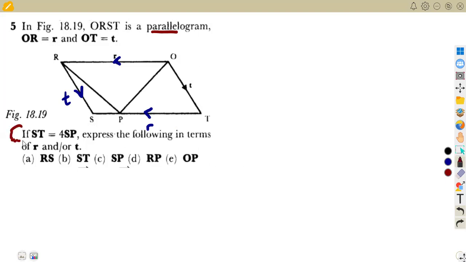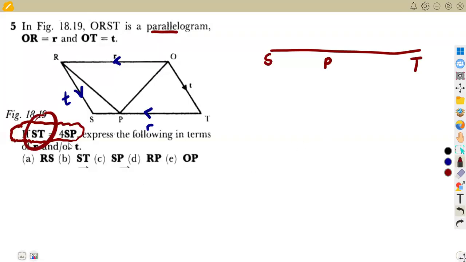They are also giving us a ratio to consider here, where they are saying if ST, from S to T, is equal to 4SP. All right, this is what we have. This is S, this is P, this is T. They are saying ST is 4SP.